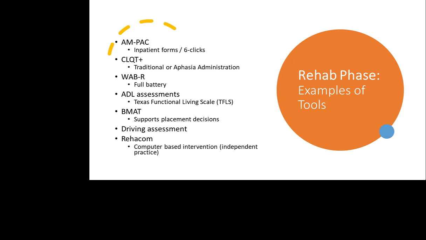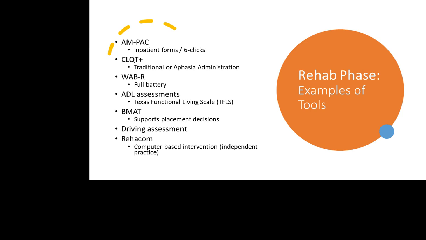The CLQT Plus, we may at this point be thinking about using it in its entirety, perhaps using the full battery and being able to profile somebody's needs across the various areas that the CLQT Plus covers. And there's an aphasia administration, or there's the traditional administration of that.